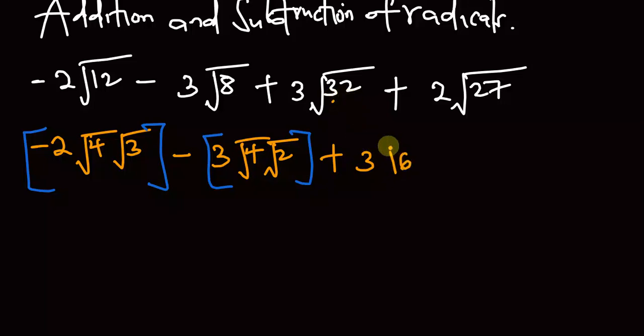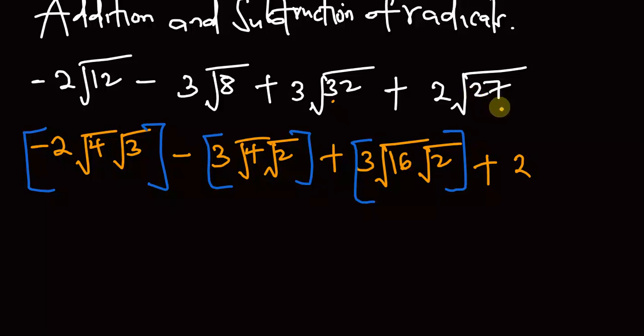So it's going to be root 16 times root 2. We continue. The last value plus 2. Which two numbers when you multiply you get 27? 9 times 3 is 27. So root of 9 times root of 3. That way.